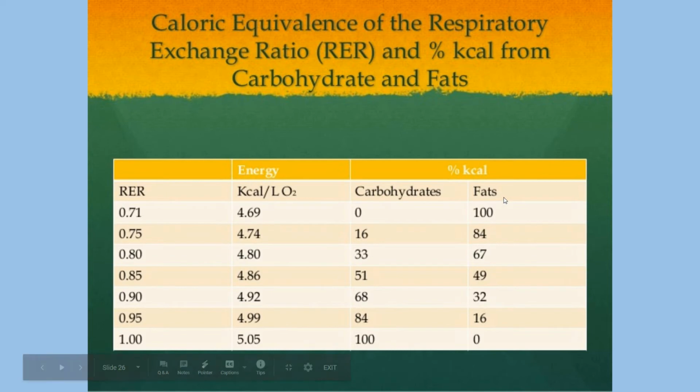But as the exercise continues, as the load continues, we see a movement away from fats to carbohydrates. And at 1, you're at 100% carbohydrates, because the body is under load and is requiring energy much faster.